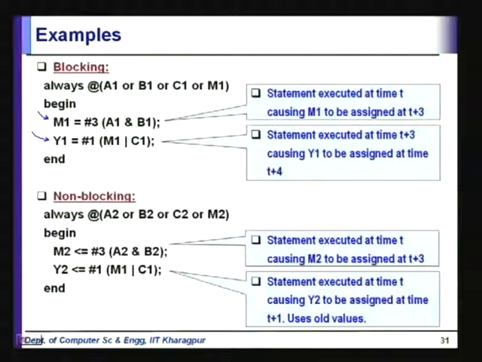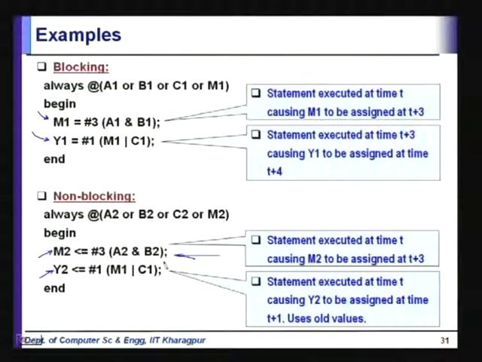So this statement is executed at time t, this is also started at time t because this triggers at time t, causing M2 to be assigned at time t plus 3, but there is a difference. We are going to point that out shortly. Now since this is non-blocking, control flow will start moving in spite of the fact that this is not yet completed.